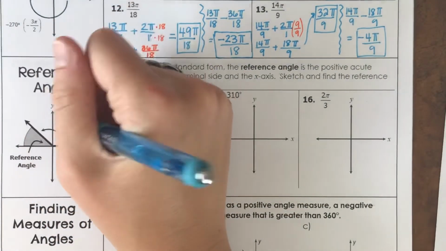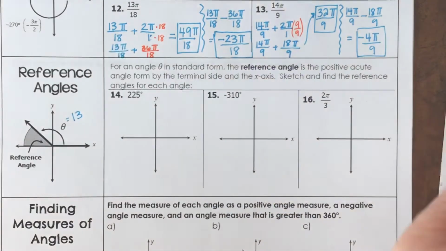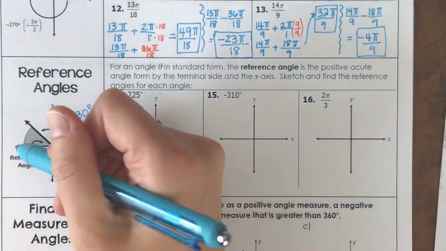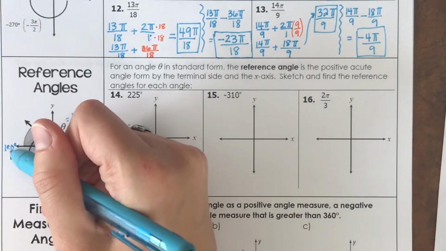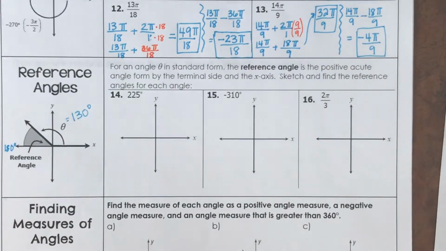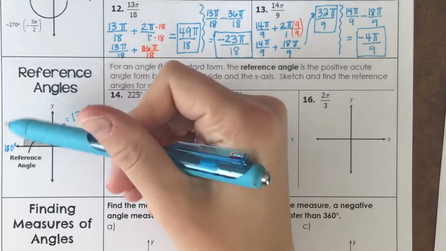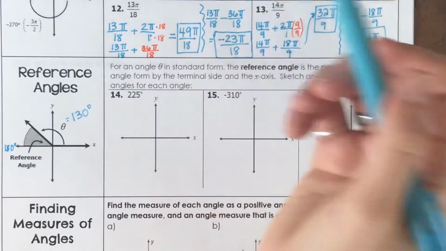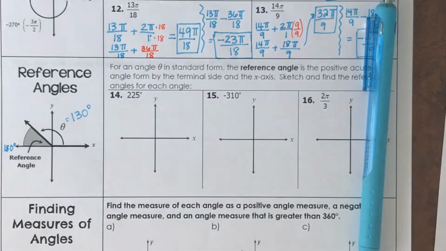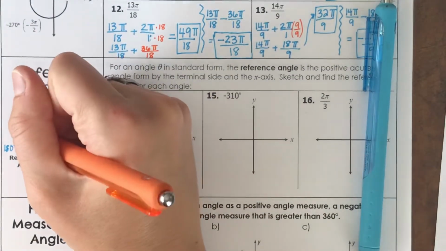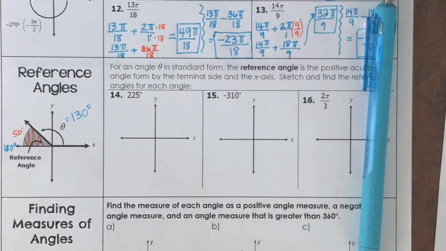So if this whole thing, like I said, was 130 degrees, this down here, this x-axis is 180 degrees. So to get myself from 130 to 180, I have to add another 50 degrees. So my reference angle would have been 50 degrees. It's what's left over to get me to the x-axis.